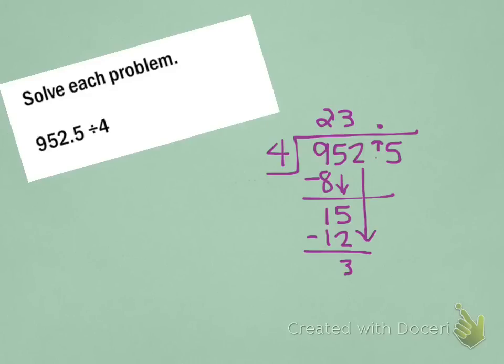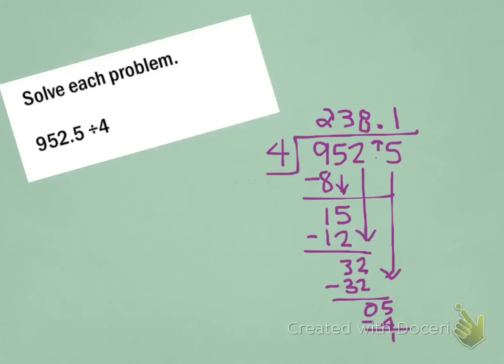Bring down your 2. 4 goes into 32 8 times. 8 times 4 is 32. Subtract, that's a 0, but we're not finished yet. We still have this 5 to bring down. So 4 goes into 5 one time. We're going to put that on top of the 5, like normal. We have 1 left over.